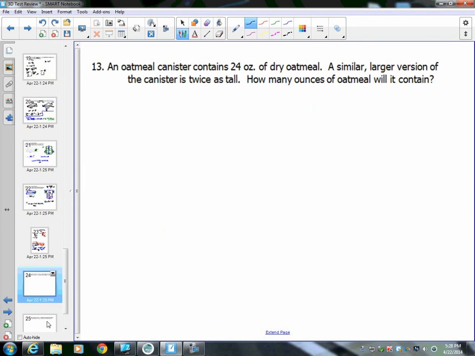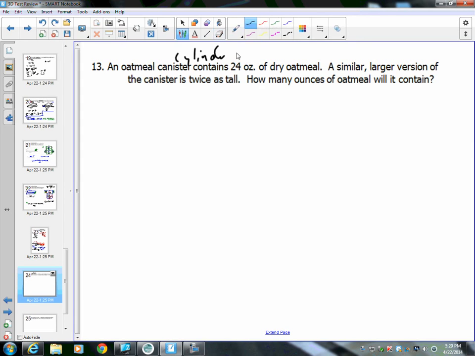Okay, next one, 13. It says an oatmeal canister contains 24 ounces of dry oatmeal. A similar, larger version of the canister is twice as tall. How many ounces of oatmeal will it contain? Okay, well, most oatmeal canisters are a cylinder, so we're going to pretend that this one is also a cylinder.